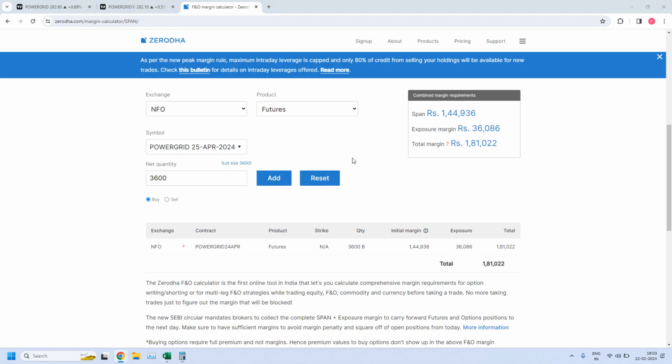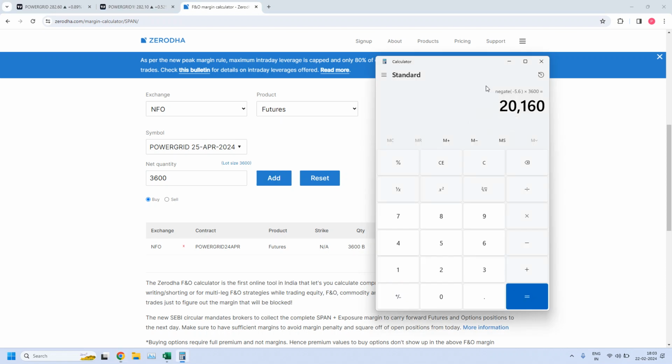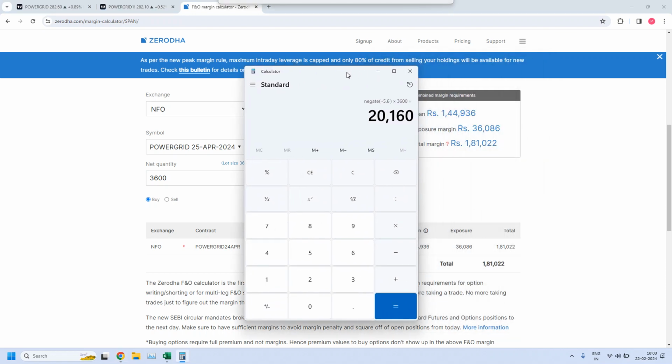And what is the ROI? Into 100 divided by 1,81,022 rupees. You got 11.1% ROI.